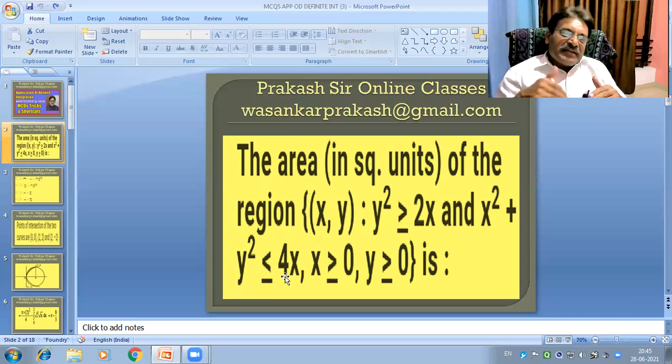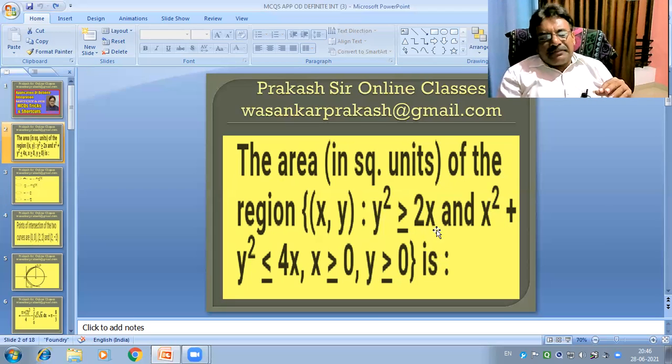Next we find the second and third points of intersection of the given curves. From y square is equals to 2x, we put y square equals 2x in the equation of the circle.